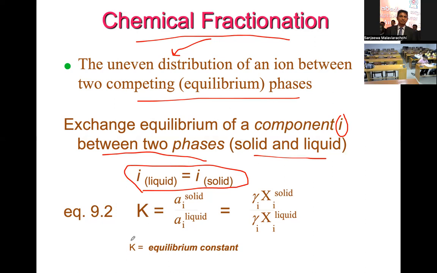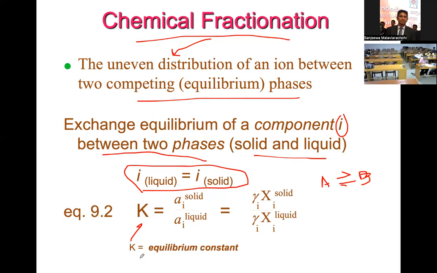But for the equilibrium constant, because we are talking about a reaction, because it is now in equilibrium condition, you can write it in this way. If you have A and B in an equilibrium situation, you can write down an equilibrium constant K for that.